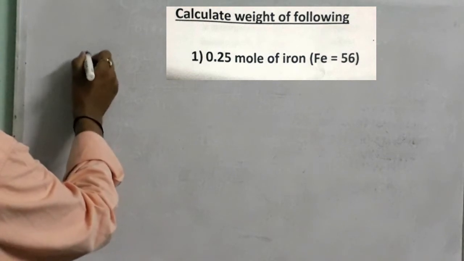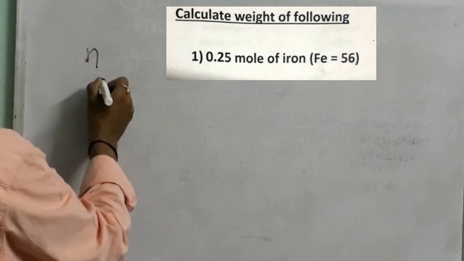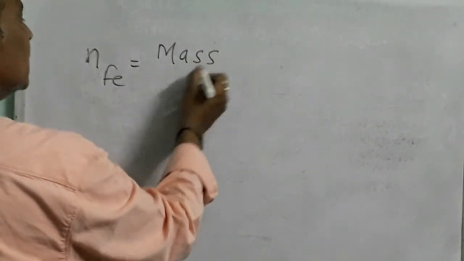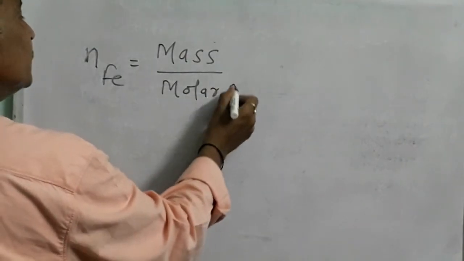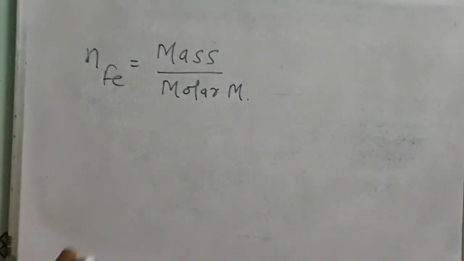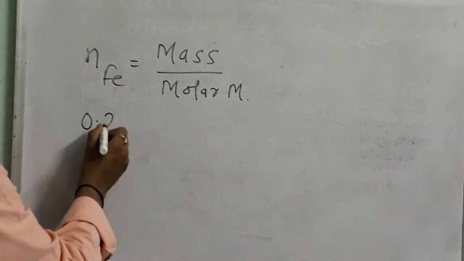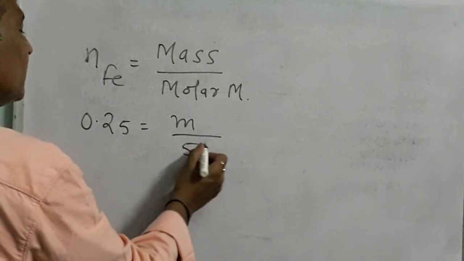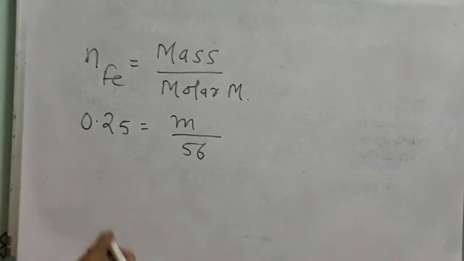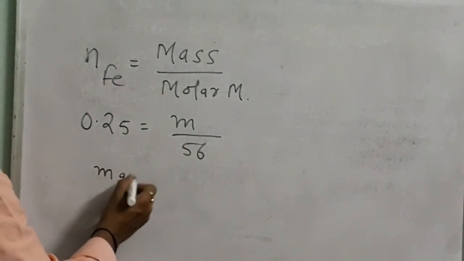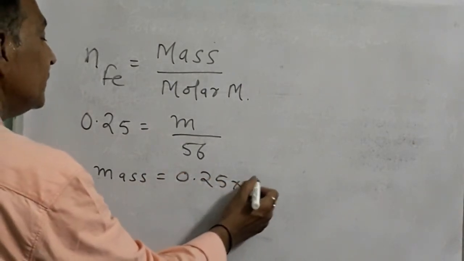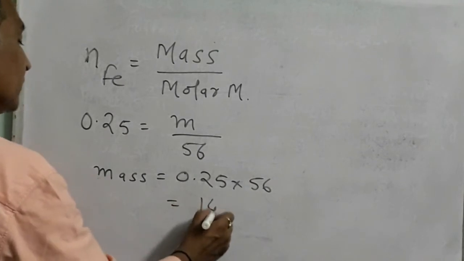So number of moles we know, n for Fe is equal to mass divided by molar mass. So this is the formula. Now 0.25 moles he has given to you. He wants to calculate the mass and the molar mass of Fe is 56, and therefore mass is equal to 0.25 multiplied by 56. The answer comes to be equal to 14.